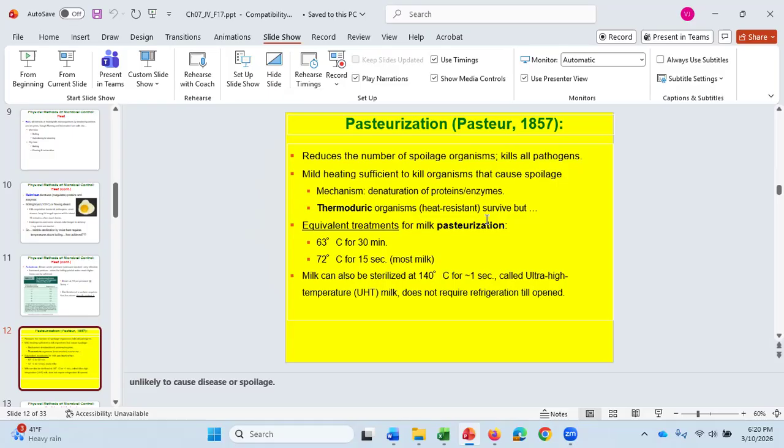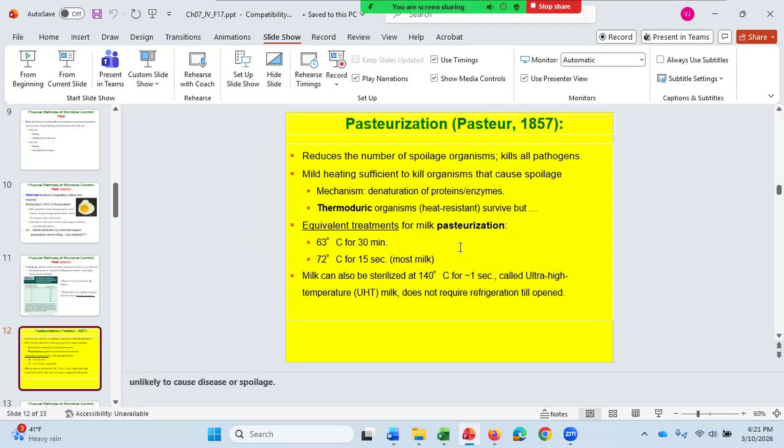There are some organisms which can survive the pasteurization process, meaning they are thermoduric, heat resistant, and that can eventually spoil the milk. The milk can survive longer than unpasteurized milk, but the pasteurized milk does have a shelf life.